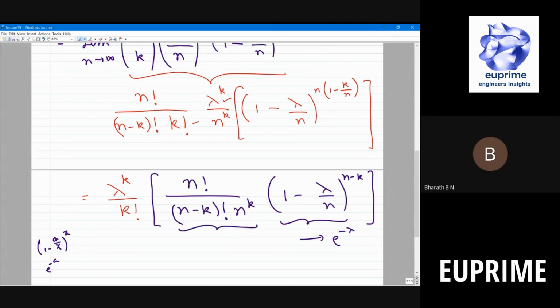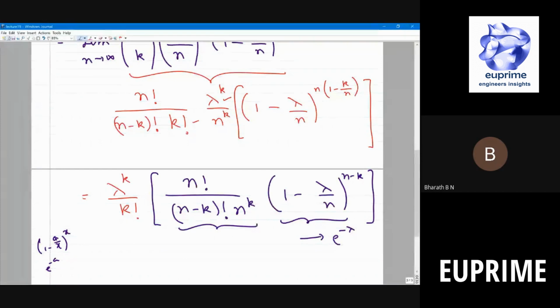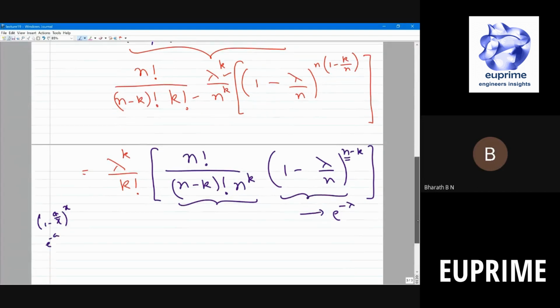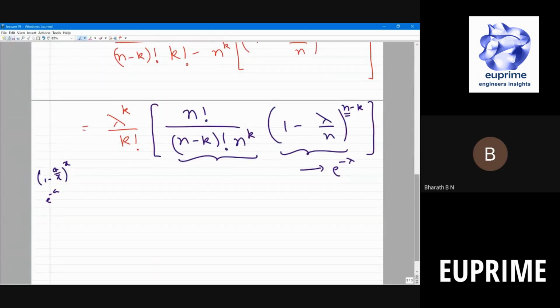So what can you say about this? Sir, here we have the power of n minus k, no, sir? Correct. But (1 minus a by x) whole power x goes to e to the power minus a. I'm talking about power n; k is fixed, right? So this goes to e power minus lambda. Do you agree? Sir, if we split that one, we can get it directly.